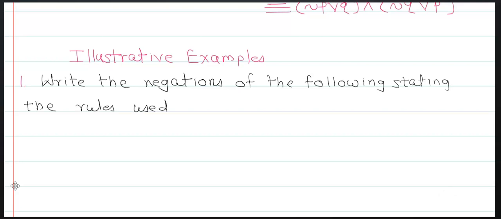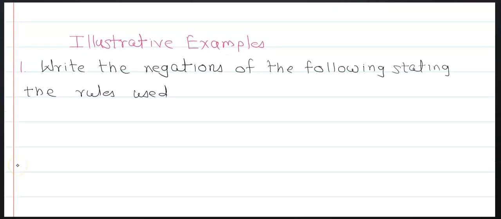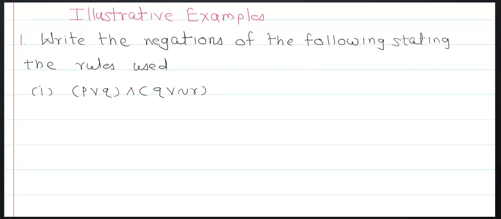The first is (P or Q) and (Q or negation of R).